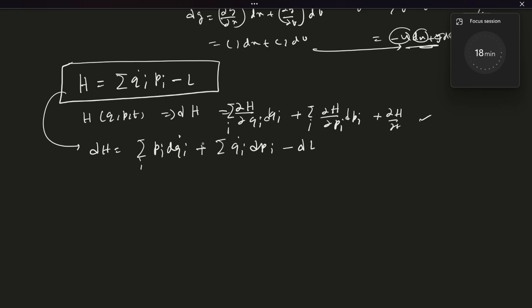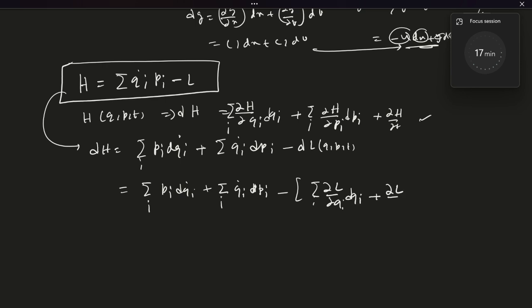And what is dL? L is a function of what? q, p and t. Just write down this: summation over i of del L by del q_i dq_i plus del L by del q_i dot dq_i dot plus del L by del t dt.